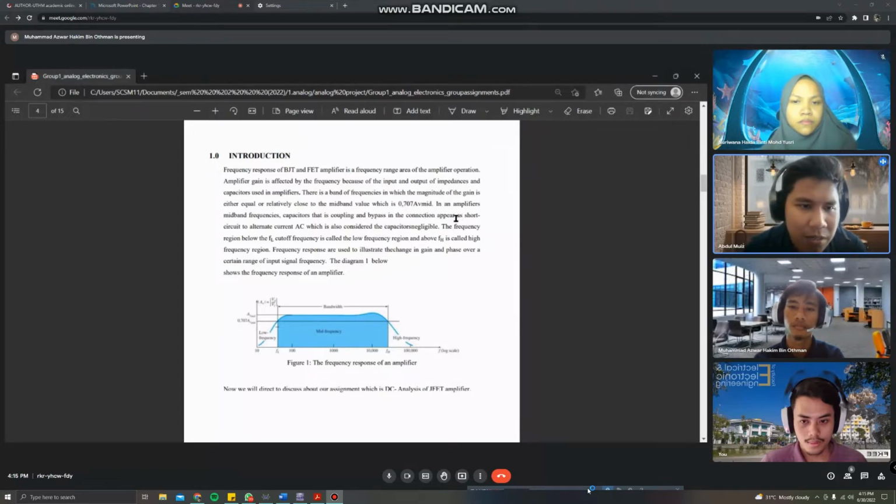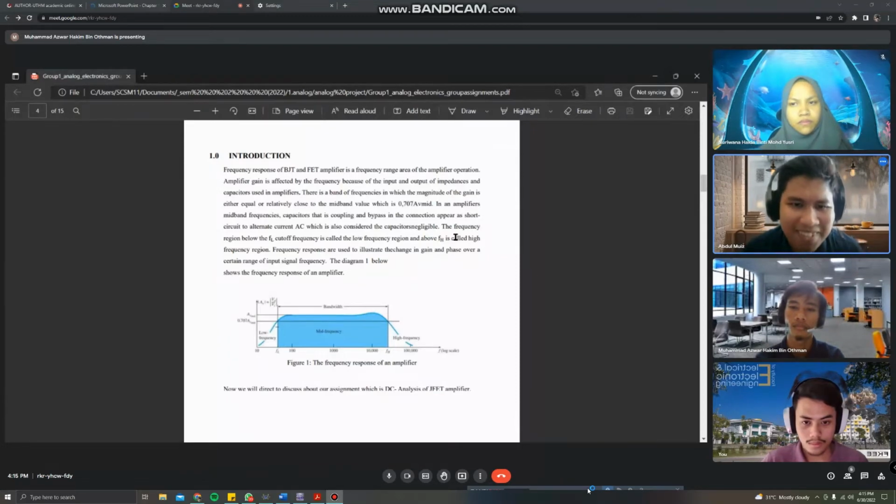In the amplifier midband frequency, the coupling and bypass capacitors in the connection appear as short circuits to alternating current AC, which is also considered negligible.